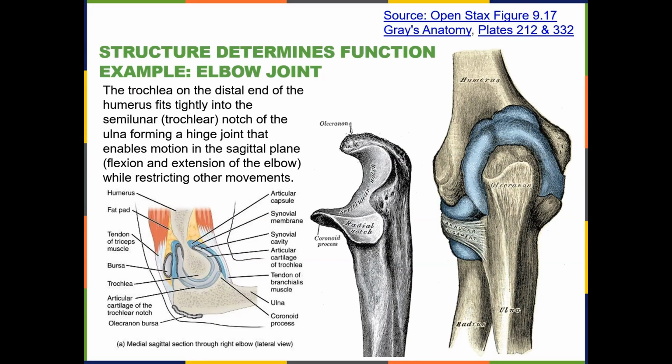A grand theme in the field of anatomy and physiology is that structure determines function. We have an example here of the elbow joint. The elbow joint is where the humerus and ulna come together, forming a hinge joint. The region of the humerus that fits into the ulna is called the trochlea, which is at the distal end of the humerus.